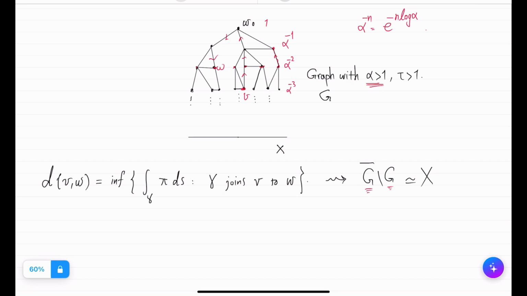So we talk about the boundary of G, and this distance of course also applies to the boundary, makes it a metric space, and with that distance it's quasi-symmetric to the original space X. Now, the beautiful work of Carrasco from 2013, I will show that paper in a second, characterizes basically all the possible ways you can choose this pi, not necessarily of this form, so that you still get a quasi-symmetric copy of X. So what are conditions on the function pi for which this happens?